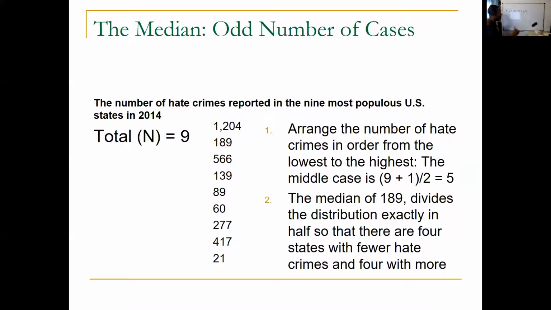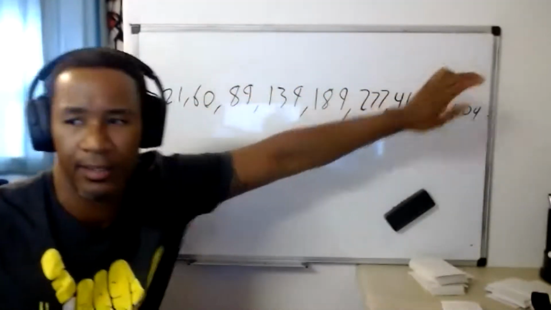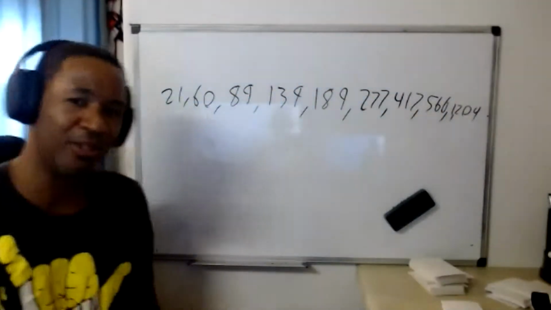Sixth is 277. Seventh, 417. Eighth is 566. And then the highest score in the distribution is 1,204. Okay. So we have all 9 scores, 1, 2, 3, 4, 5, 6, 7, 8, 9. Kind of ran out of room towards the end of that, but hopefully you all understand that.